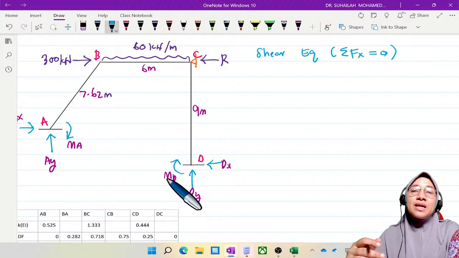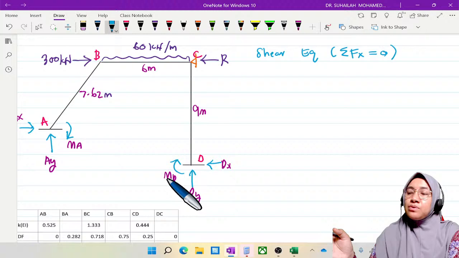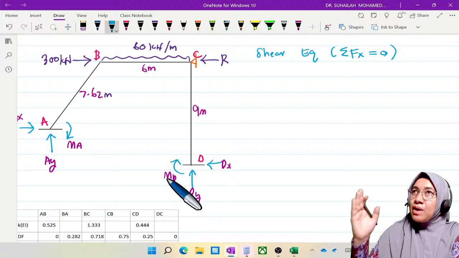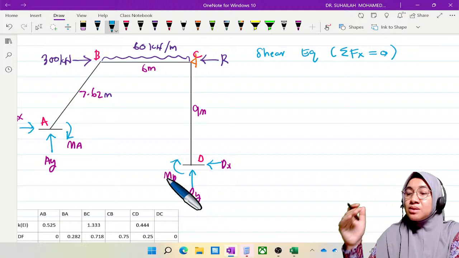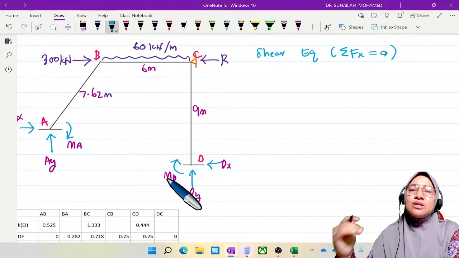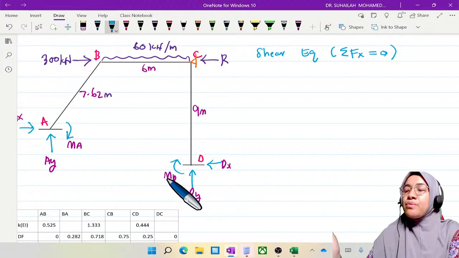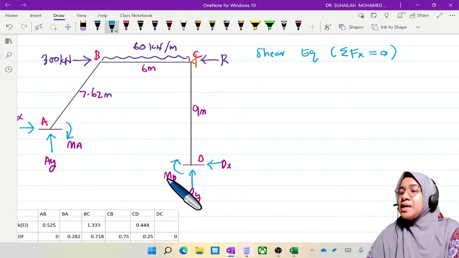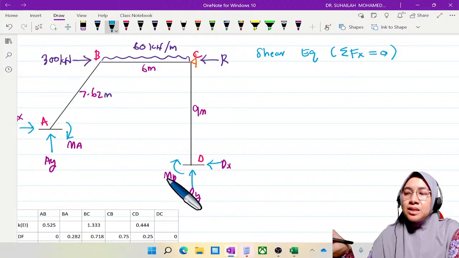If R is in the vertical direction, we have to use Fy. This is Fx because R is in the x direction, the horizontal direction.